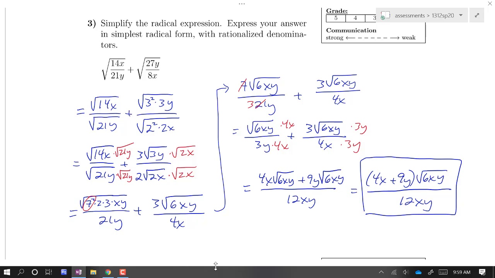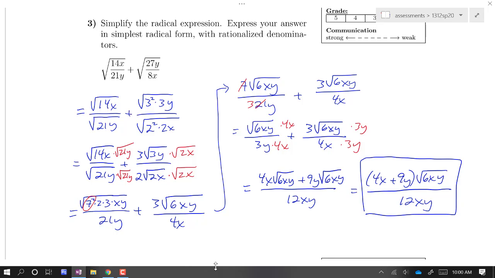The 14x over 21y fraction, there's nothing we could do with that, but we could take out factors from the second fraction. So that's how I started out. Then we have 2 things to do: we need to rationalize the denominators, and we need to get a common denominator. I started by rationalizing the denominators.